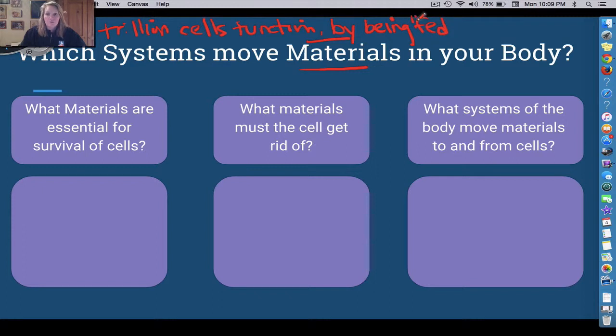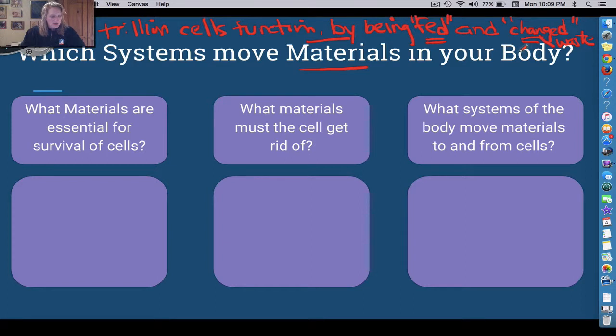I'm going to put quotation marks around that because they are actually being fed. And then we also have to get rid of the waste, meaning get rid of the waste materials. Unless the waste accumulates, and the cell no longer can function.